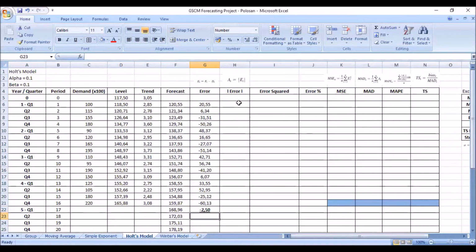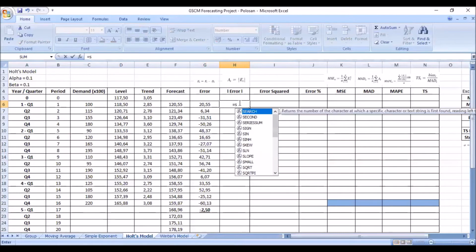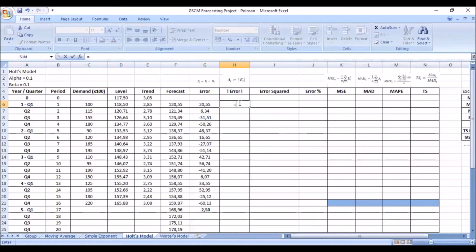And this time we have quite a low one. For the absolute error, don't forget to use ABS and click the error to remove all negative signs. And as usual, don't forget to sum it up again because it's really needed for the MAD later on, especially in clarifying it.